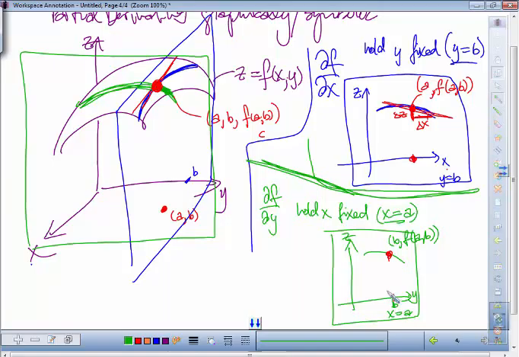And then to find the slope of that, we're really just focused on the change in y and then the change in z, or in this case, the change in f over the change in y. So then we have this tangent line. So the derivative is going to be the slope of the tangent line going in that specific direction now.